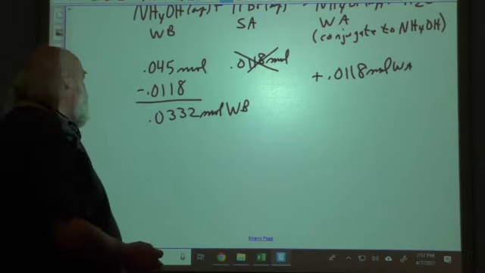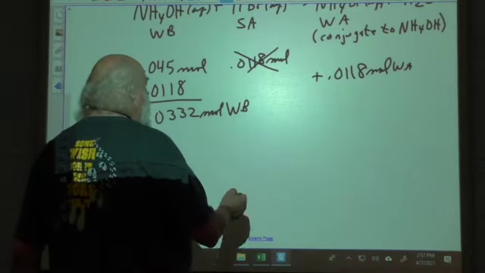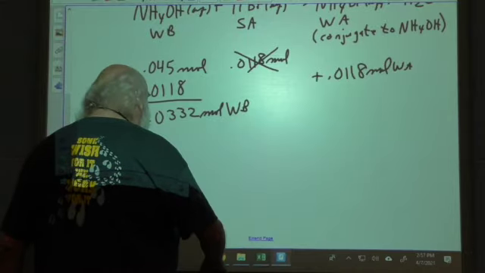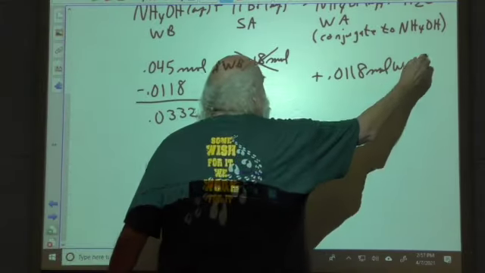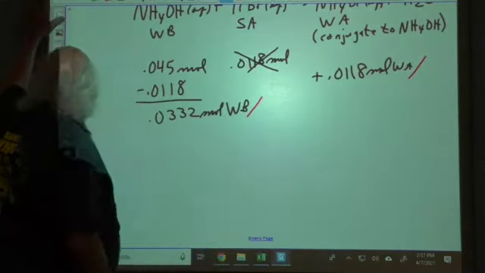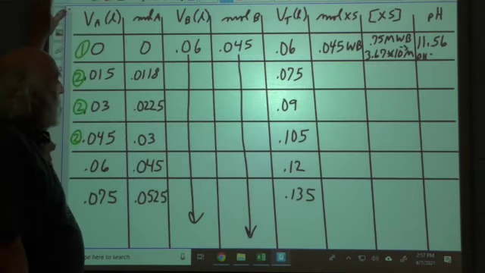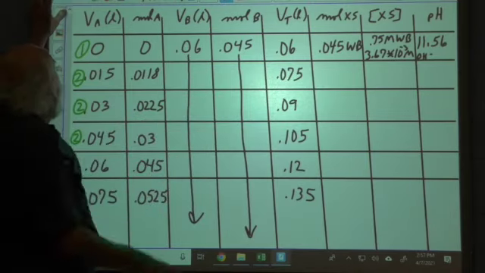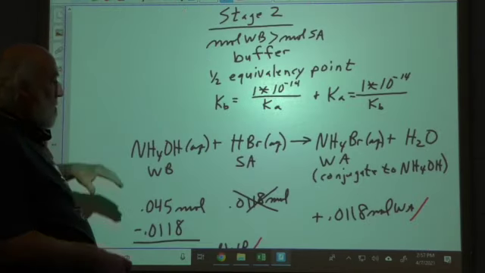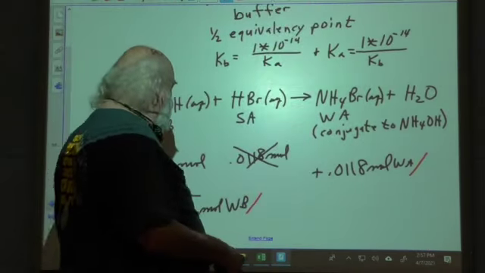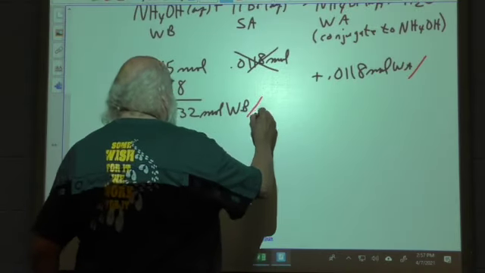Okay, so the buffer here, we have to divide both of these by the total volume. So we go back over here and find the total volume. This is 0.075 liters. So we divide both of those by 0.075 liters.